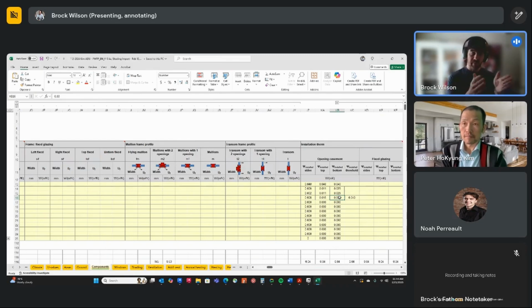Whenever you look in their certification, they have 3 types of assemblies: the ICF, a double stud wall, and an EPS wall. As long as that wall system meets the U value criteria, I believe it's 0.1, then we can utilize those thermal bridge calculations and input them into our PHPP. That's what we've done with respect to the ICF, because we're hitting that 0.1 U value.